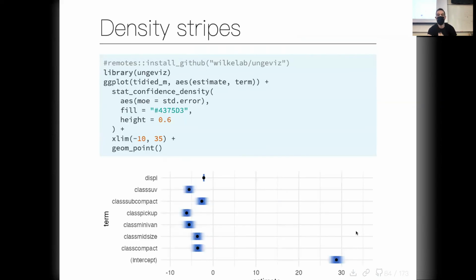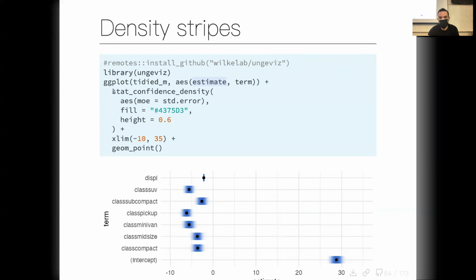Okay, another idea, and this one is absolutely non-standard, but I think they're really neat, are these things called density stripes. For these, we have to install a new package, this Wocolab Ungiviz. I don't know how you say it. That's how I say it, Ungiviz. I'm taking my same data frame here, putting my estimate on the x-axis and my term on the y-axis.